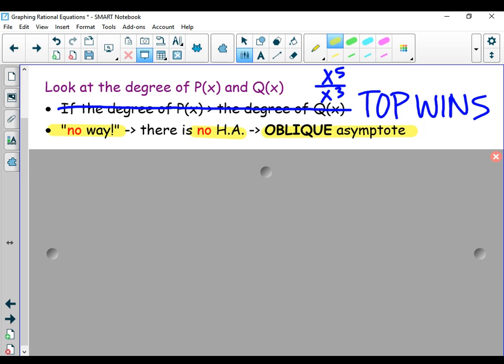We'll come into that here in a minute. Another way you can look at it too, you'll find yourself saying, no way, top can't win.